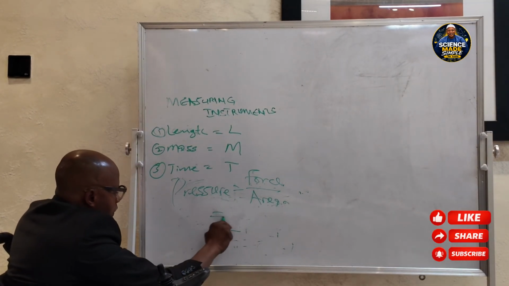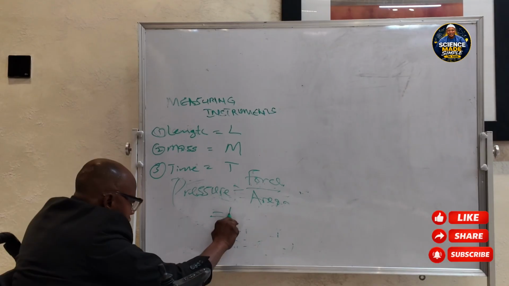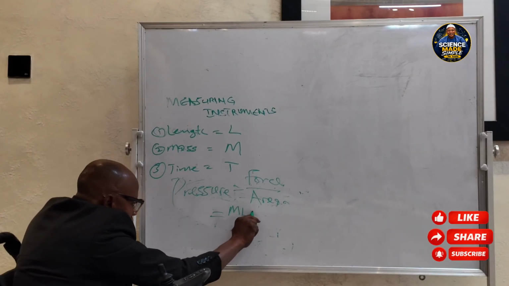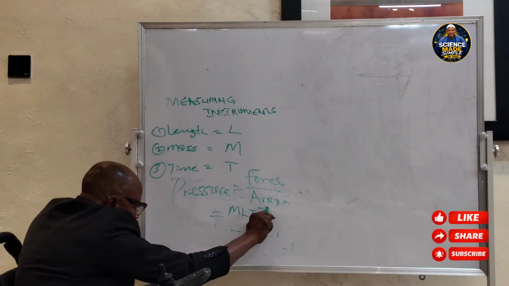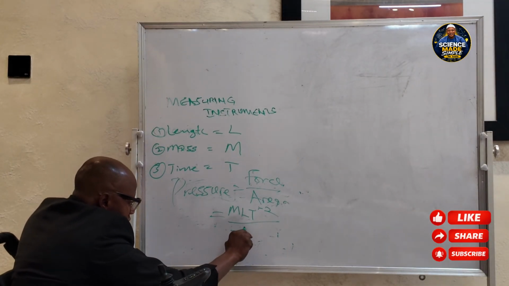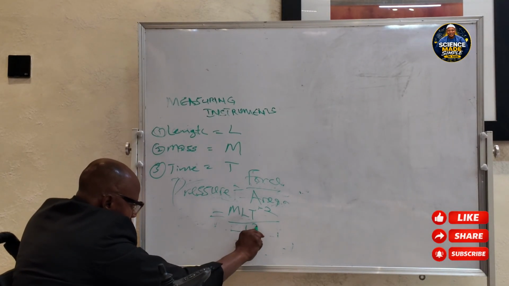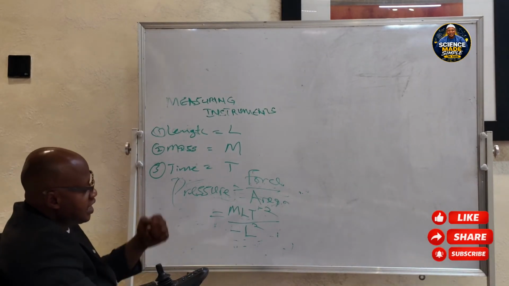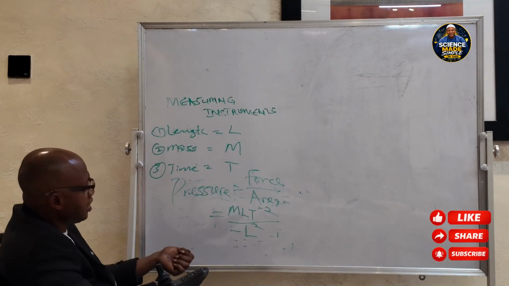Force from our last example is MLT minus 2. And our area is length times breadth, that is L squared. Length times breadth, everything is in length, L squared.